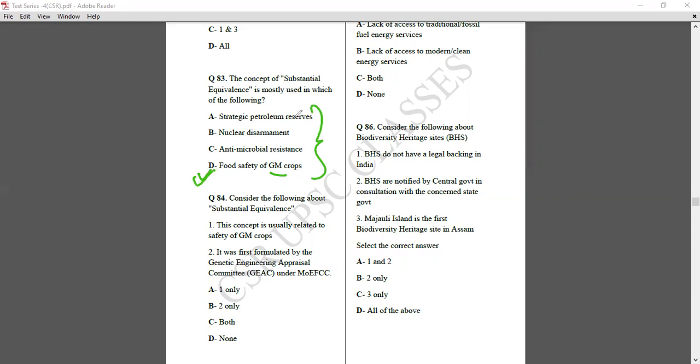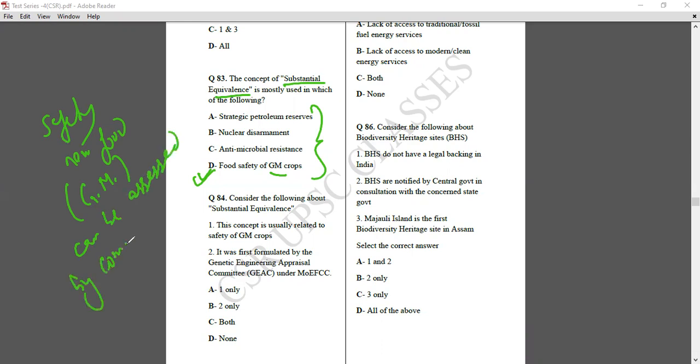Now what does it mean? It holds that the safety of a new food, particularly genetically modified food, can be assessed by comparing it with similar traditional food which is already proven safe.